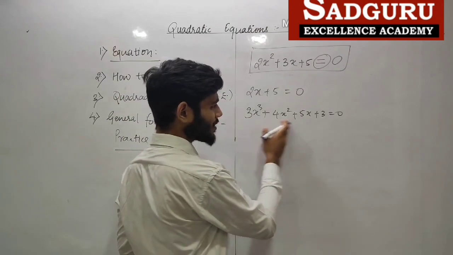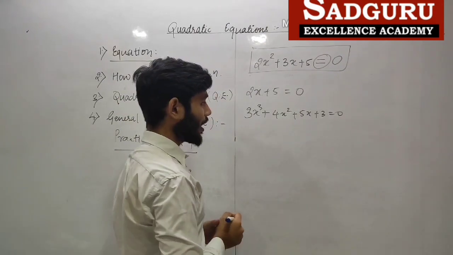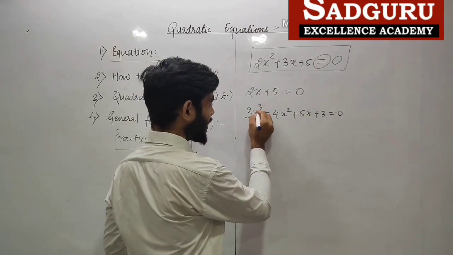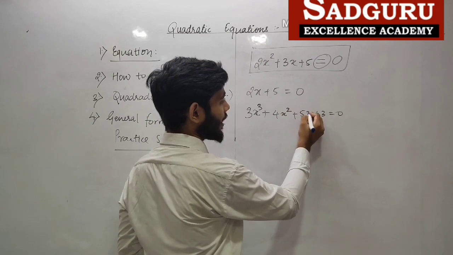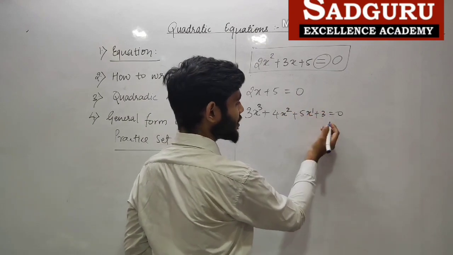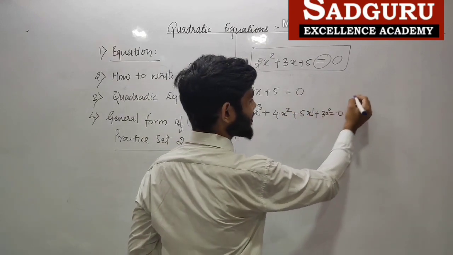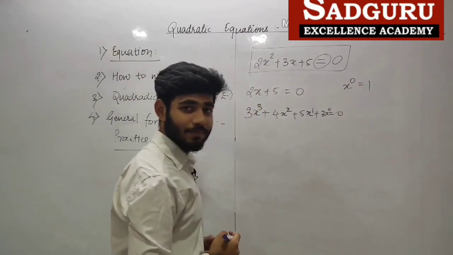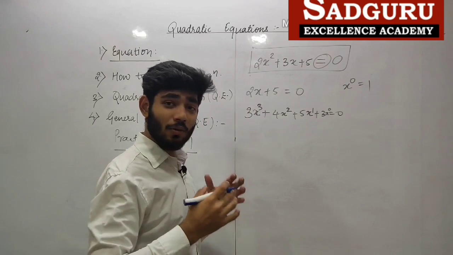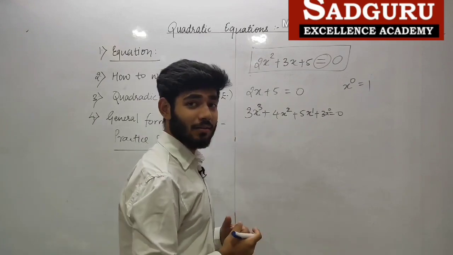Can you see this pattern? Here we have x power 3, x power 2, x power 1, and here there is no x, it means x power 0, because anything raised to 0 is nothing but 1. So while writing an equation we have to follow this pattern.